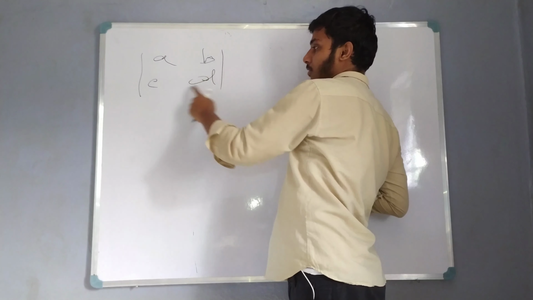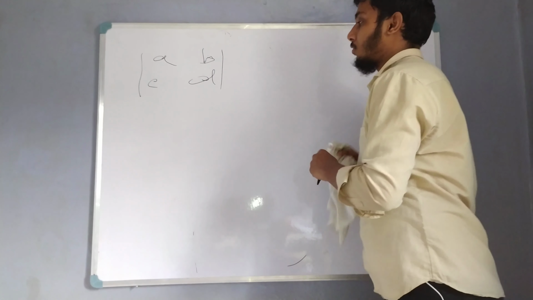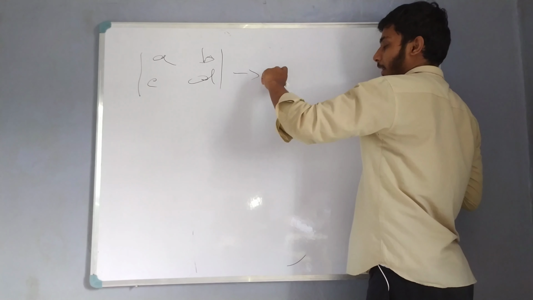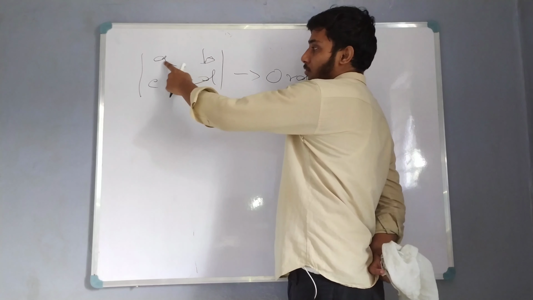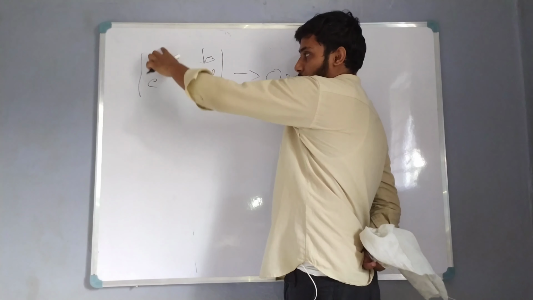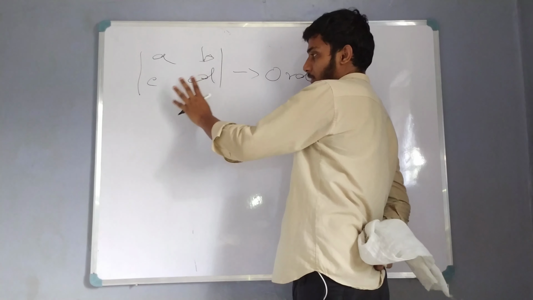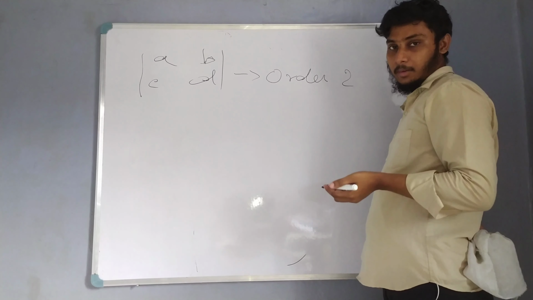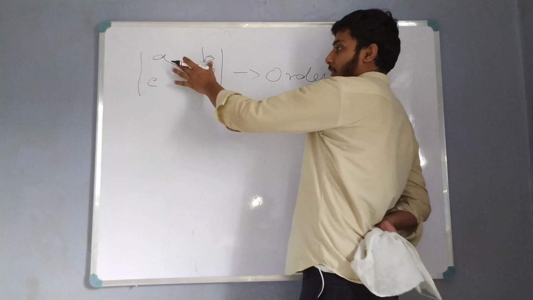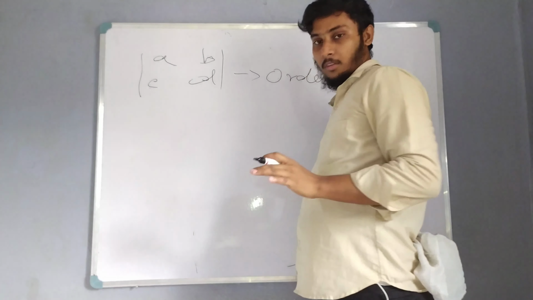As you can see, there are two rows and two columns here. So it will be a determinant of order 2. Since you have two rows, 1, 2, and two columns, 1, 2, so it is a determinant of order 2. And in a determinant, number of rows and number of columns will always be equal.